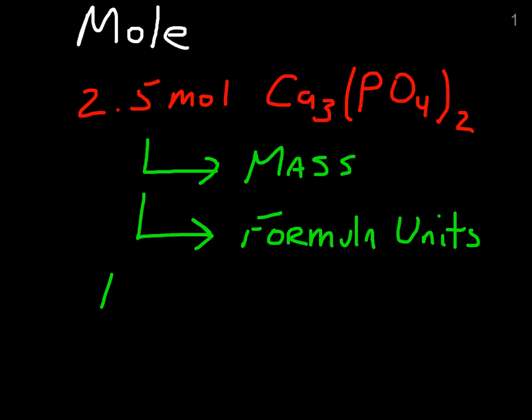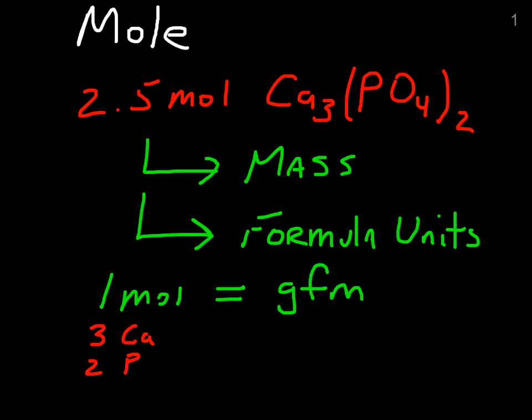Now, 1 mole of a compound is going to equal its gram formula mass. And this is a relationship that you're going to use a lot. All right? I look at the formula of calcium phosphate. It shows that I have 3 calciums, I have 2 phosphorus, and there's going to be 8 oxygens.